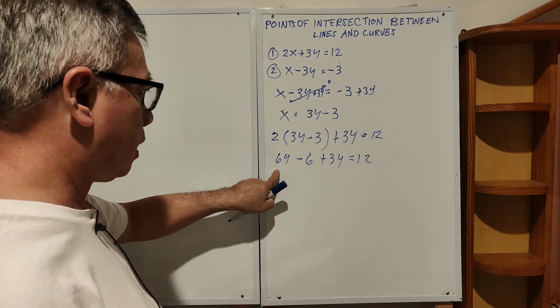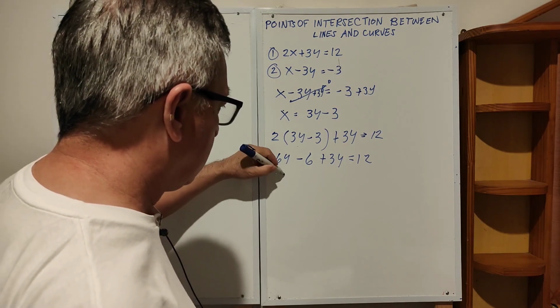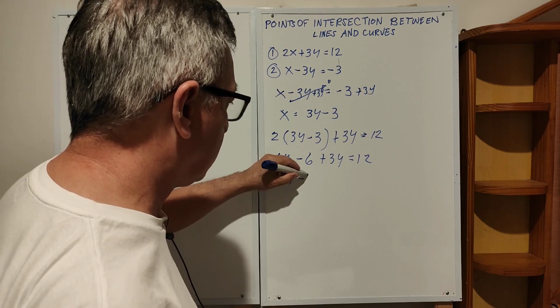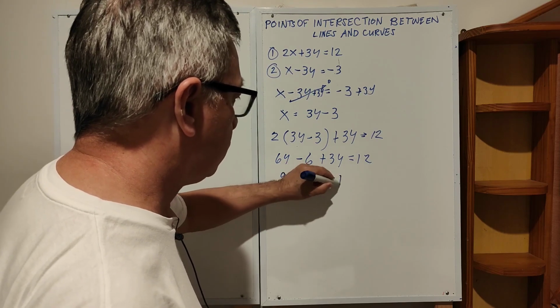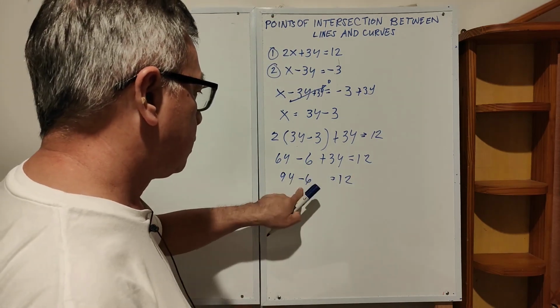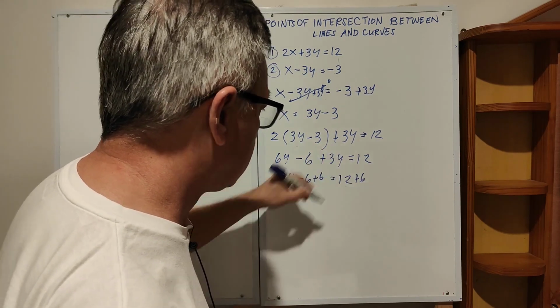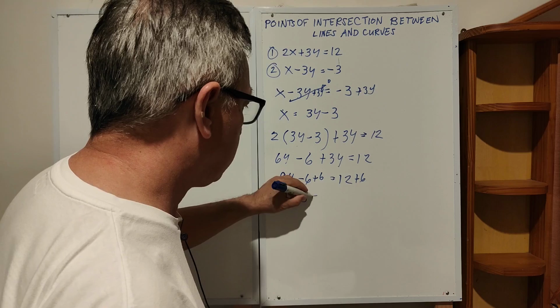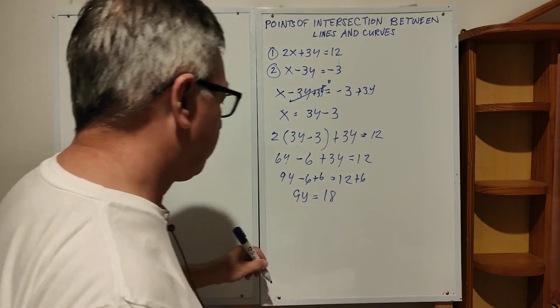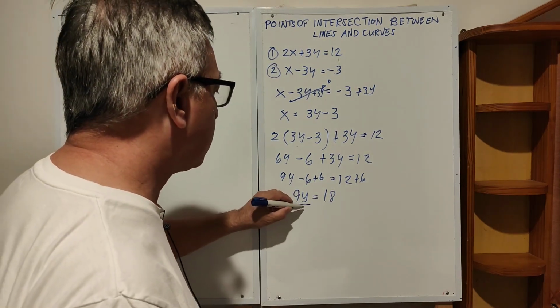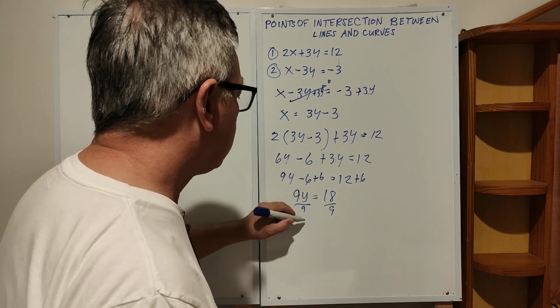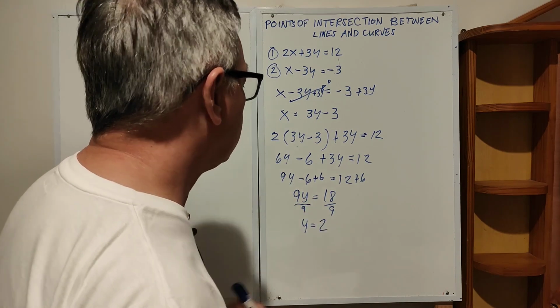So 6y plus 3y is 9y minus 6 is equal to 12. To remove minus 6, we add 6 on both sides, 9y is equal to 18. Dividing both sides by 9, y is equal to 2.